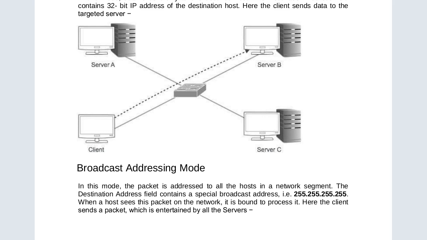Now, this client machine could have been offline, and it has now been started by the user. One of the requirements for a machine to be able to communicate on the network is to acquire an IP address. This machine does not know which of the machines on the network is the DHCP server.